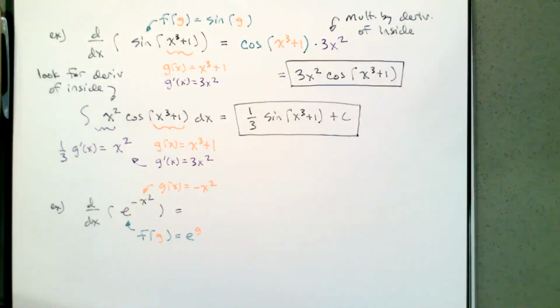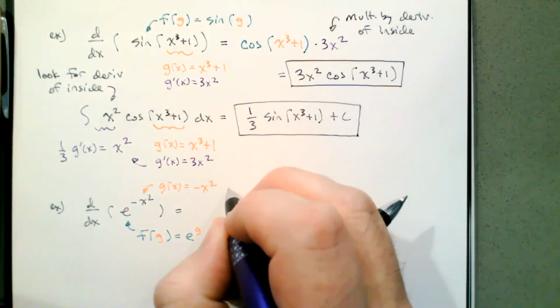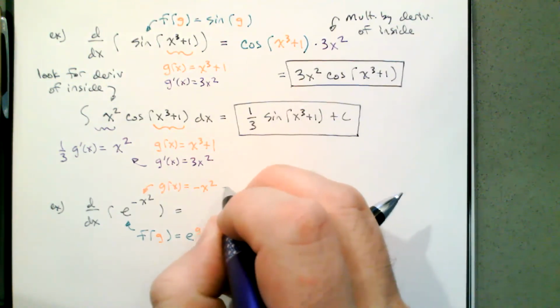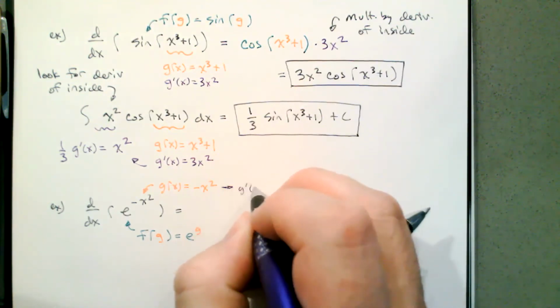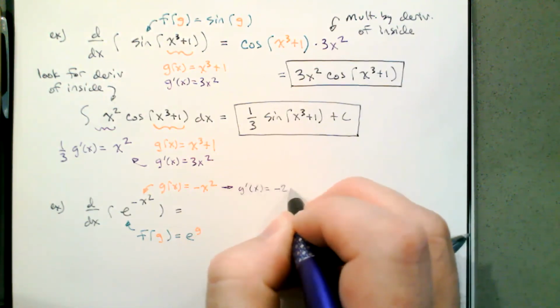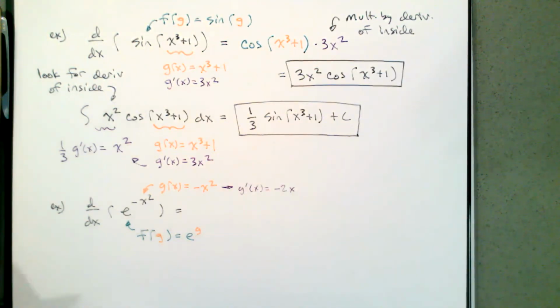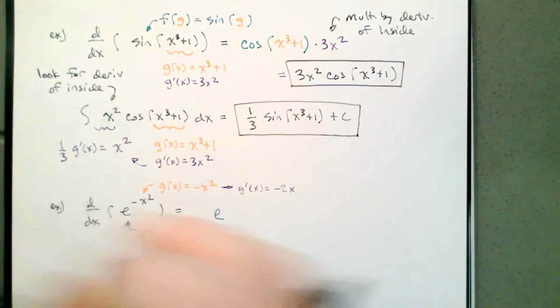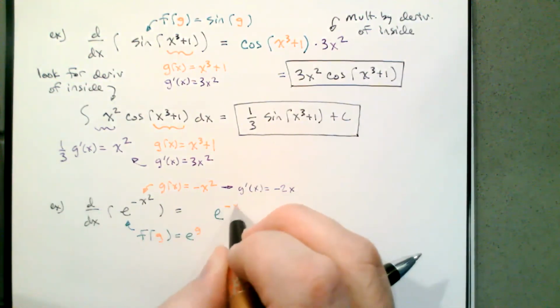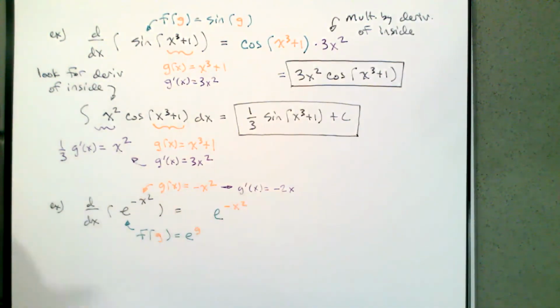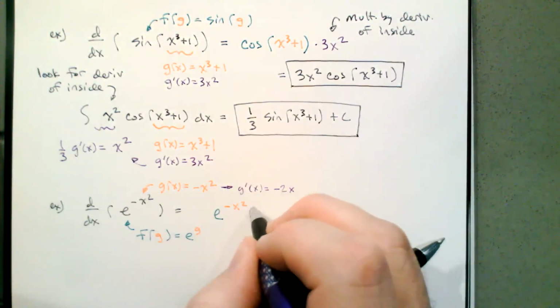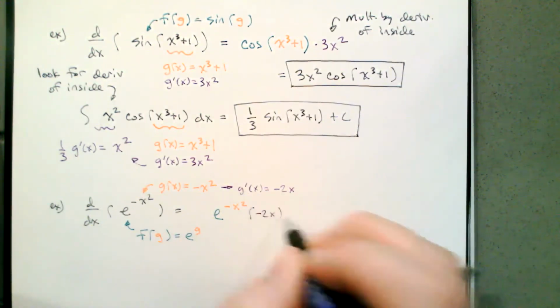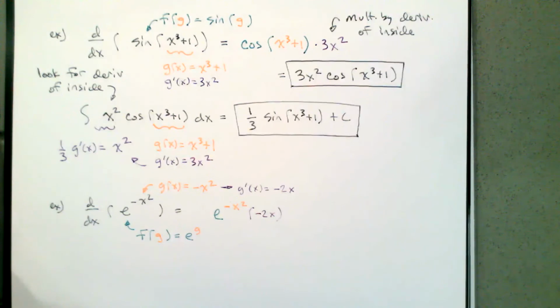When we're finding a derivative using the chain rule, we need to multiply by the derivative of the inside. So the derivative of e to the minus x squared is e to the minus x squared times the derivative of the minus x squared, which is negative 2x.